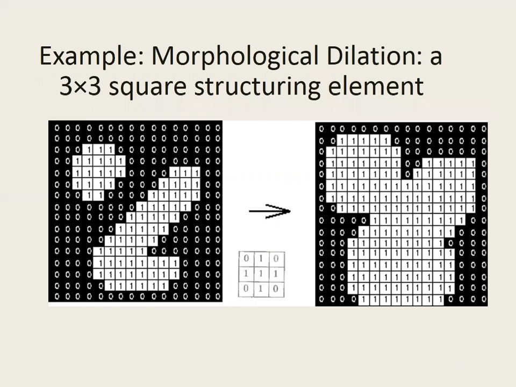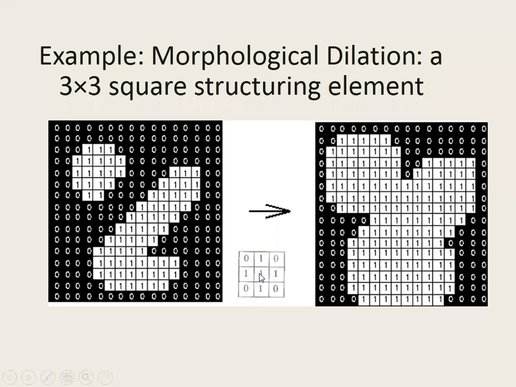If we are aligning this 1 vertically and horizontally at every place, then there are elements that should be switched to 1. So in the meantime, the dilation is increasing the structure of the picture. As a result, this picture is converted into this kind of picture by aligning this structuring element at every pixel.